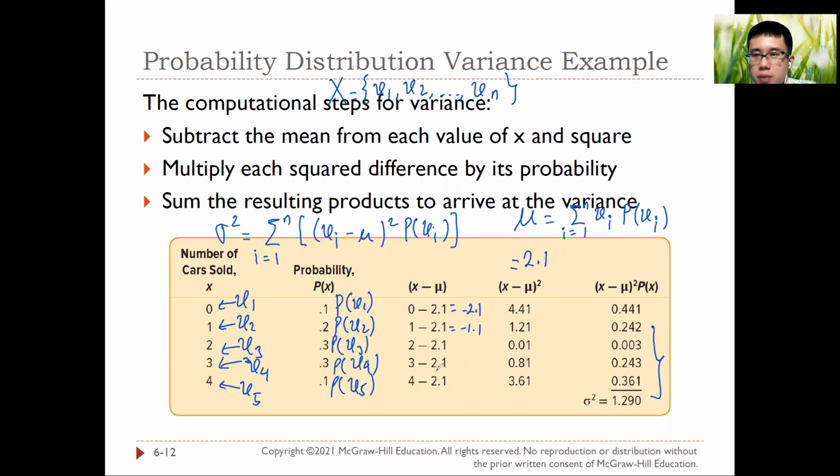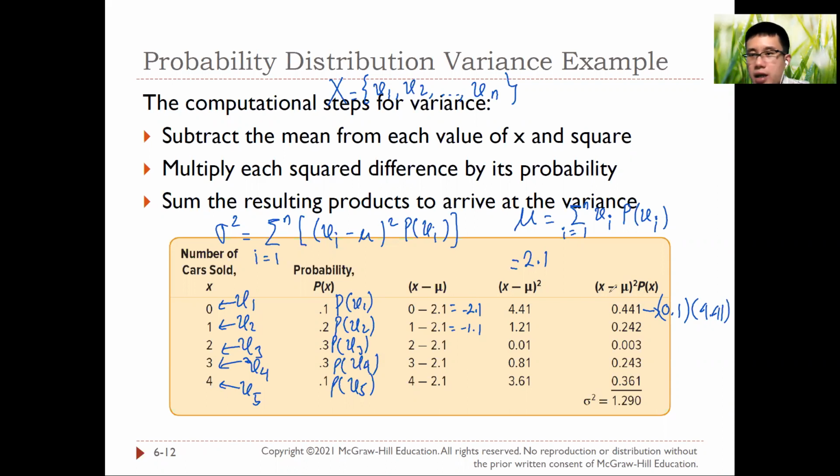You can continue it by yourself, of course, and then don't forget to multiply all these values with their corresponding probability. So to get this, for example, we multiply the probability 0.1 with the 4.41 like this, and the result is 0.441.